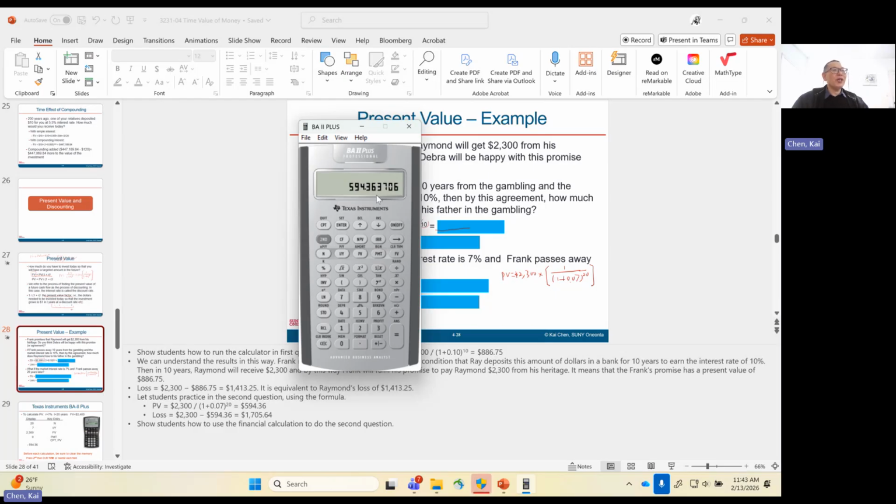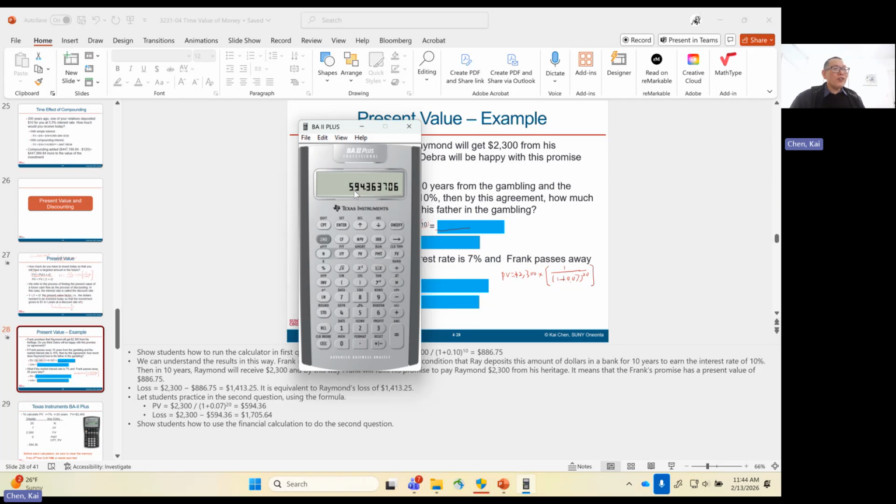With this promise, how many dollars did Raymond lose to his father? Of course, we subtract this number from the $2,300 that Raymond lost to his father in gambling today. How can we do this?